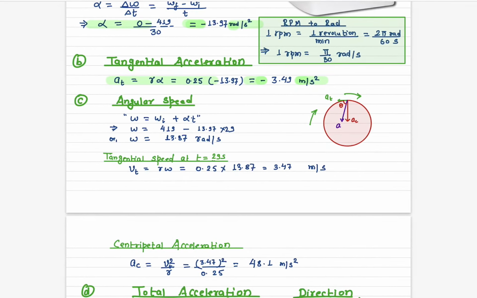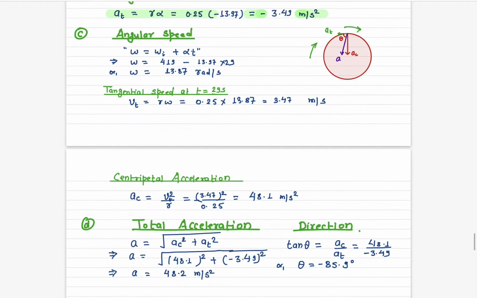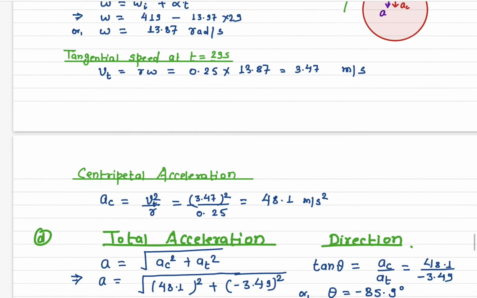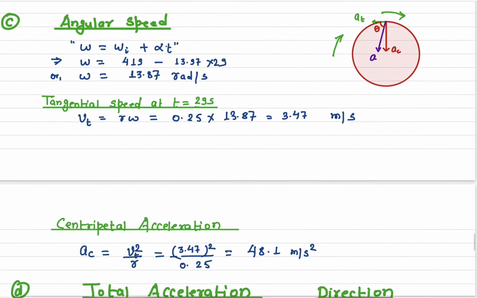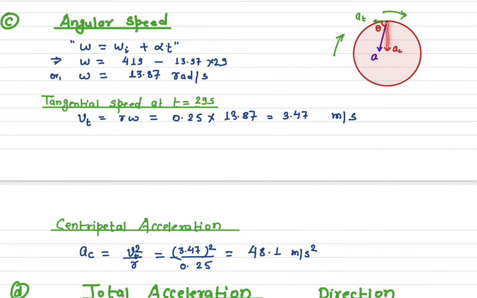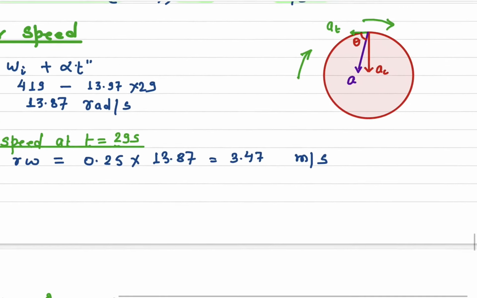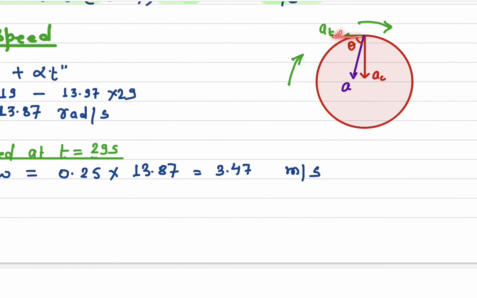Okay, so we have now calculated the tangential speed, but our goal is to calculate the other acceleration, that is the centripetal acceleration. When an object is moving in a circle, it can have many accelerations. One is the tangential acceleration, and this tangential acceleration comes only when it is not moving with a uniform speed.